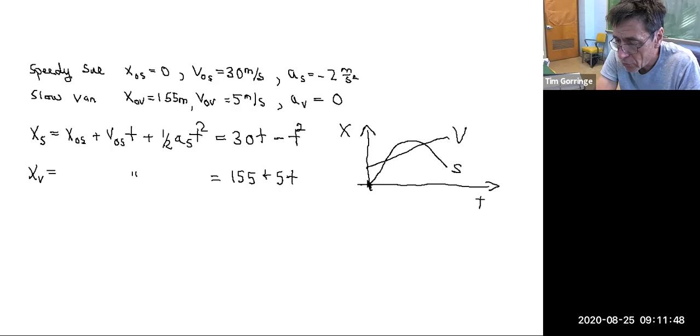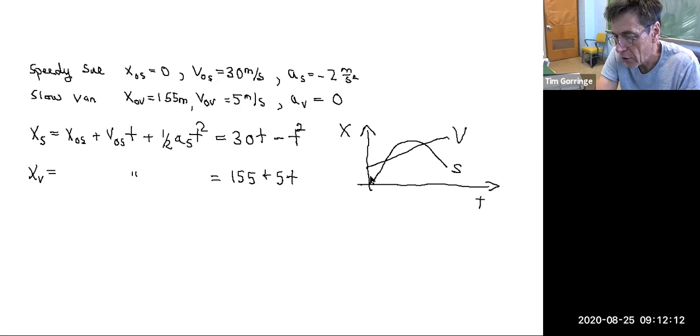Speedy Sue starts from the origin, and she's traveling fast and slowing down. If she kept going, she would momentarily stop and then go in the opposite direction and speed up, because she's undergoing constant acceleration.